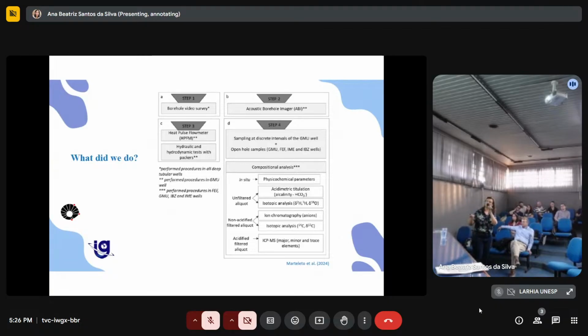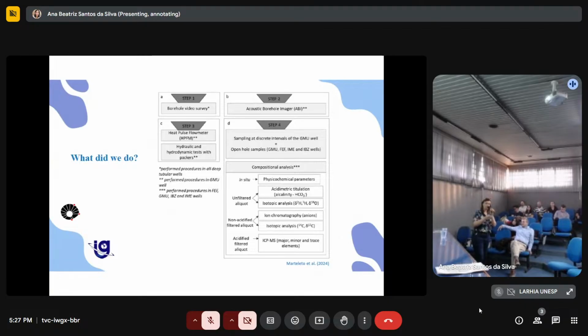Heat pulse, this now goes only for GMU, that well that has the highest uranium concentrations. So we used a heat pulse flow meter, and we did some hydraulic and hydrodynamic tests with Parkers. And we sampled all the wells. We collected open hole samples. And we also collected discrete samples with the Parkers from the GMU well.